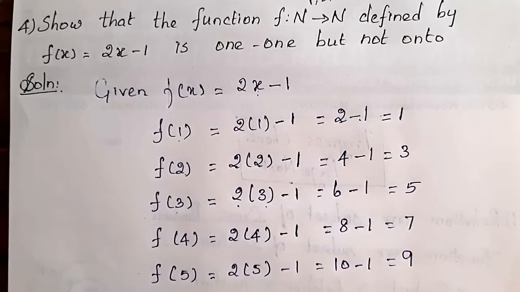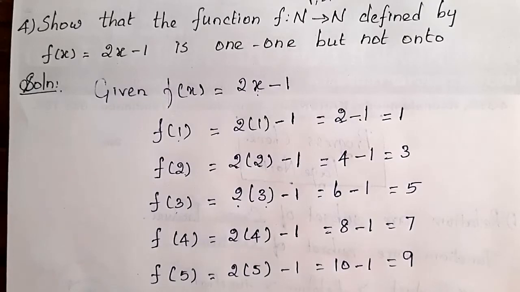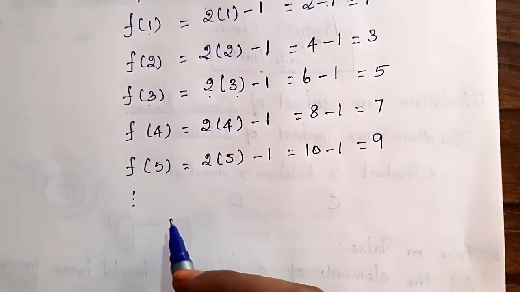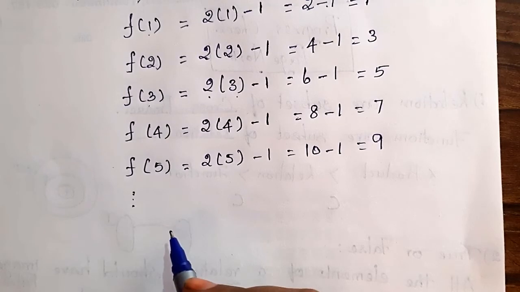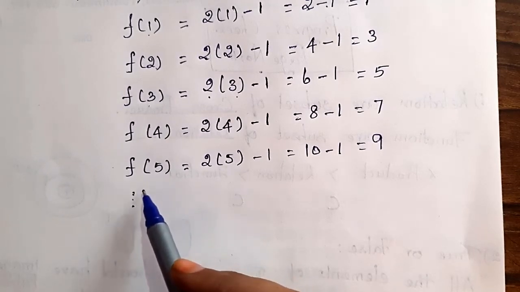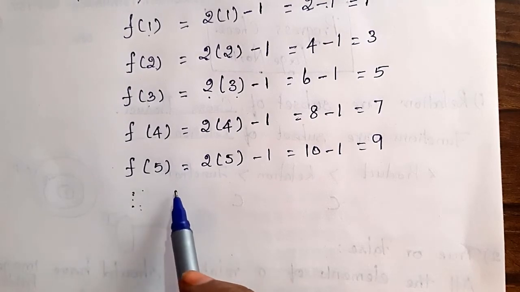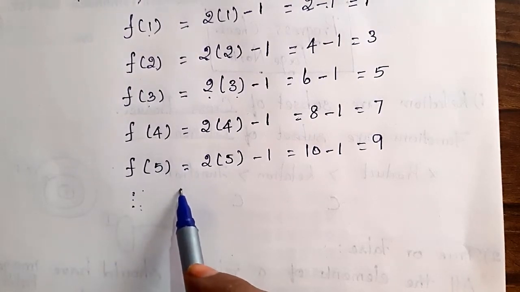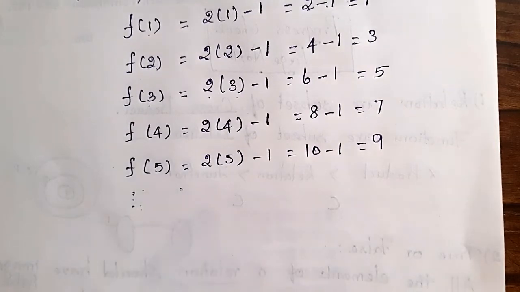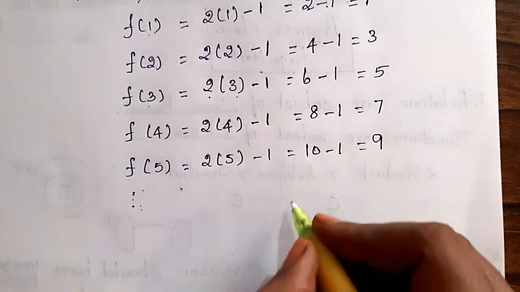So etc. You can put etc. because in N there are infinite numbers, but we found only 5 numbers. Using this we are going to draw the arrow diagram. So using the arrow diagram we can justify whether it is one-one or onto.